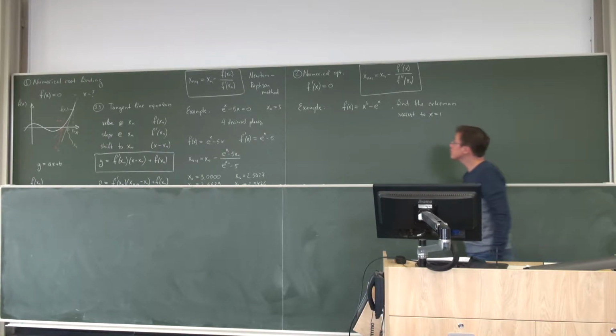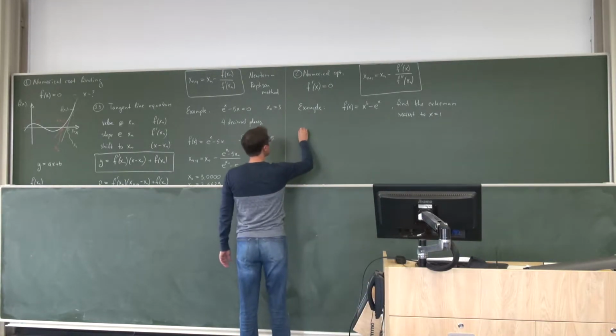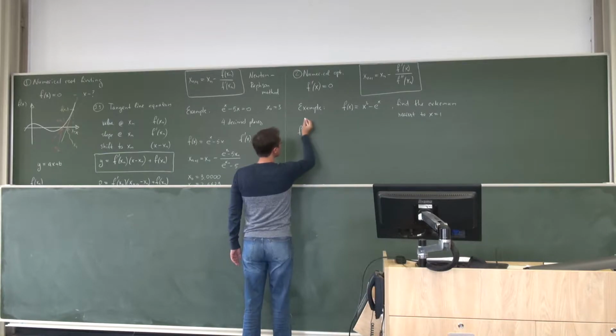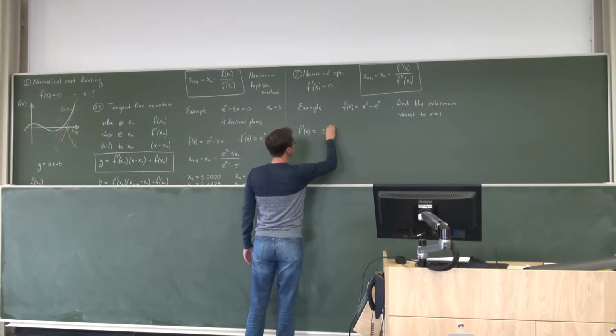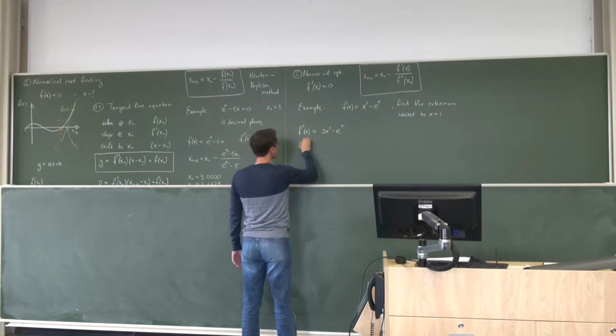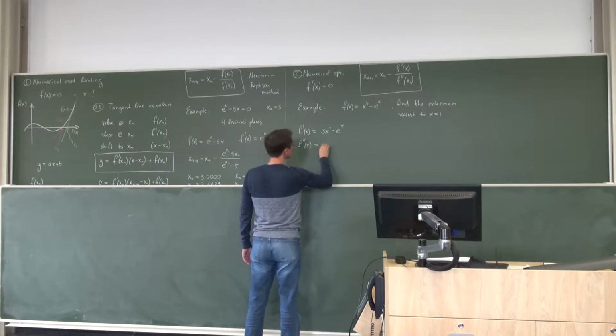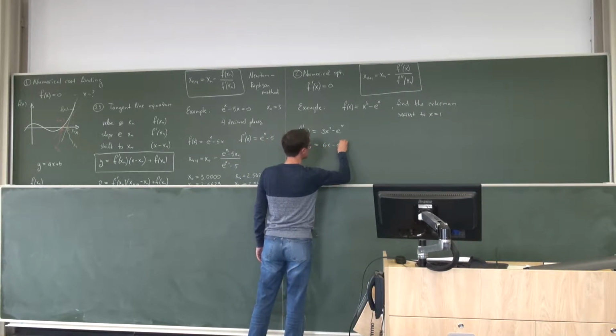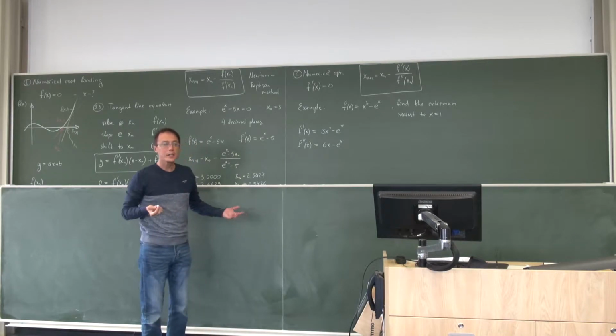Okay, let's do it. Our f prime of x is going to be 3x squared minus e to the x, and then f double prime of x is 6x minus e to the x. Very easy, right?